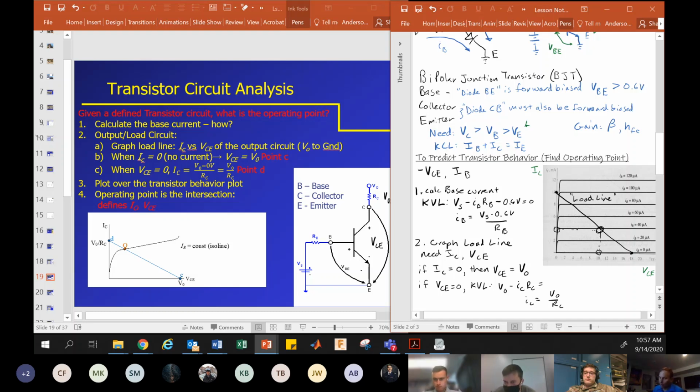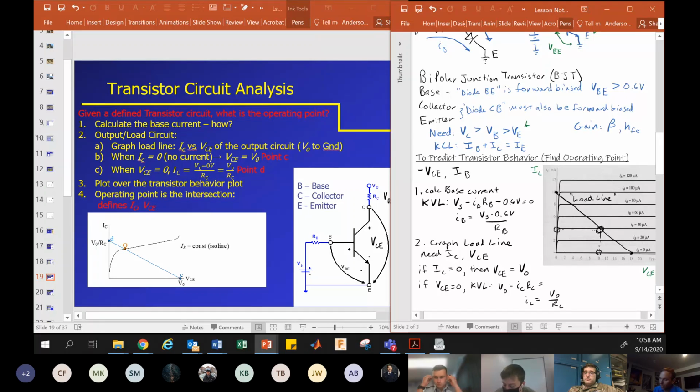So remember, in plotting this load line, we looked at extreme cases when IC is 0 or when VCE is 0, but that's not what is actually going on in this circuit. That's just helping us get it set up. What's actually going on is whatever the operating point tells us is going on.